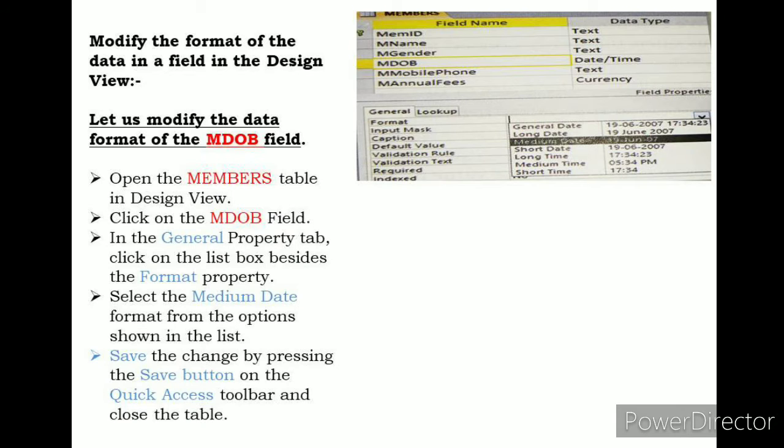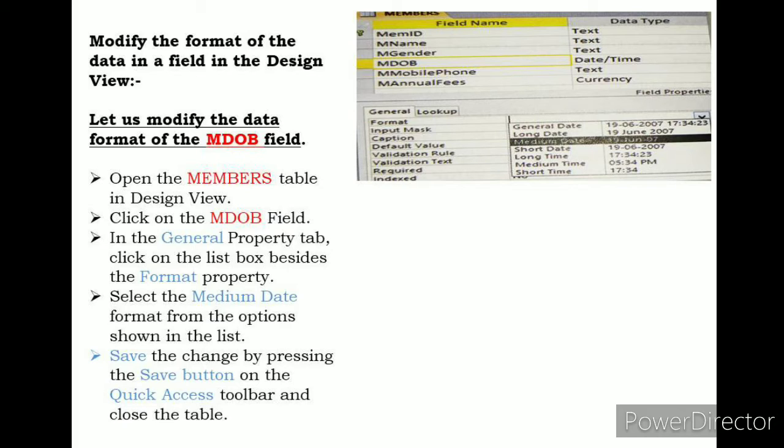Now students, the next topic is to modify the format of the data in a field in the design view. Let's have a look at how we are going to do this. In my example, I have selected the member DOB field for getting this format. Now the first step is to open the members table in the design view. You can take any table.